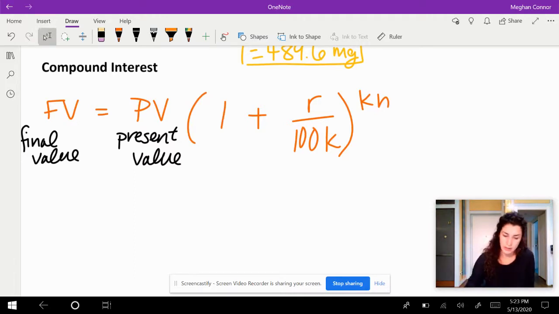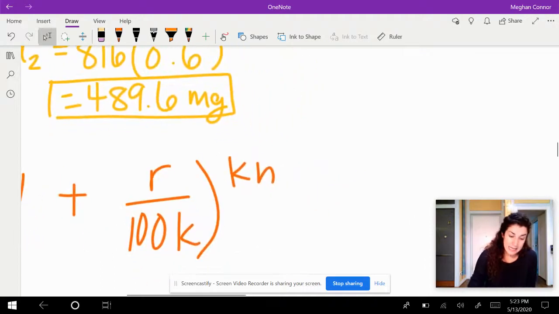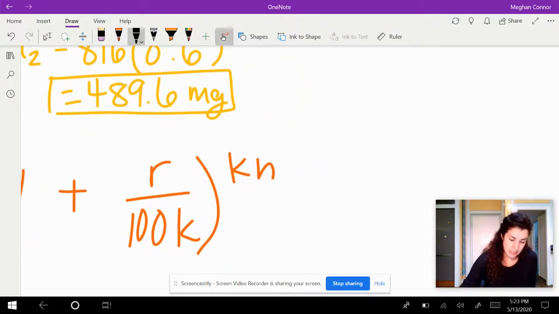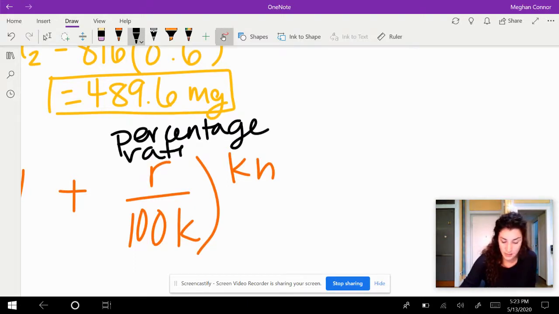So your initial amount. R is your percentage rate. A lot of times when we're dealing with percentage rates, we need to divide by 100 to get it into a decimal. If we're dealing with 30%, we would call it 0.3. That is not the case for this formula.